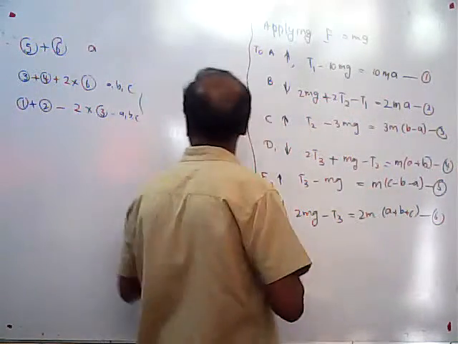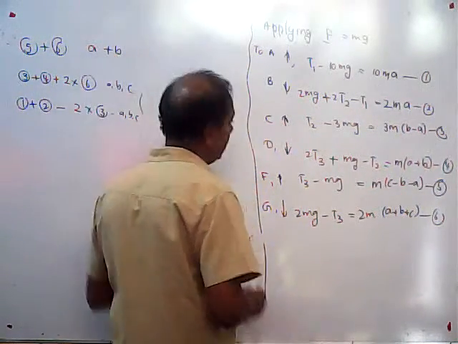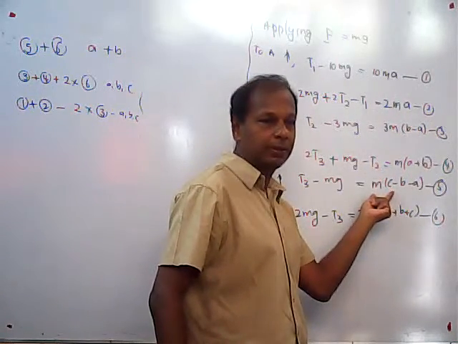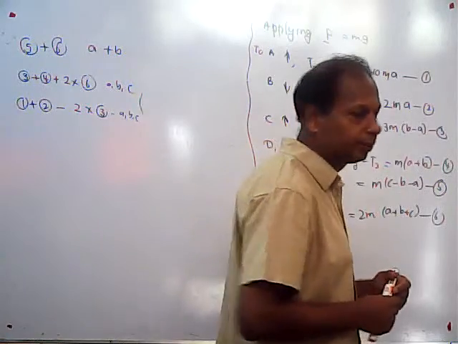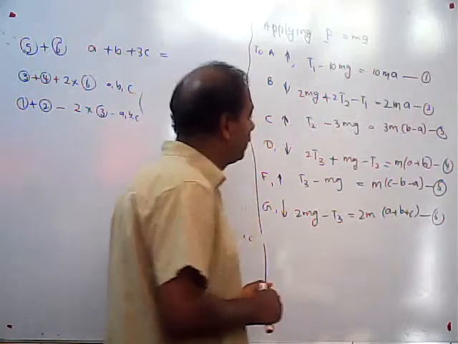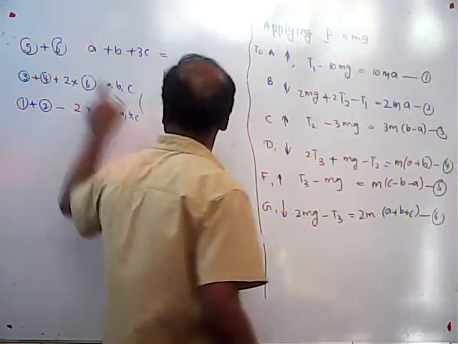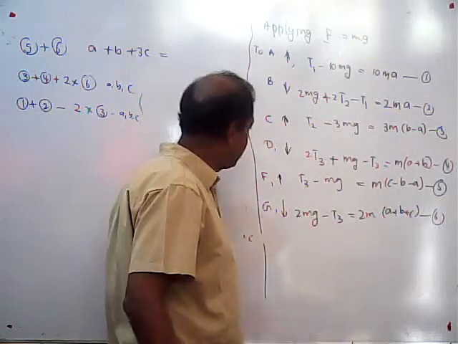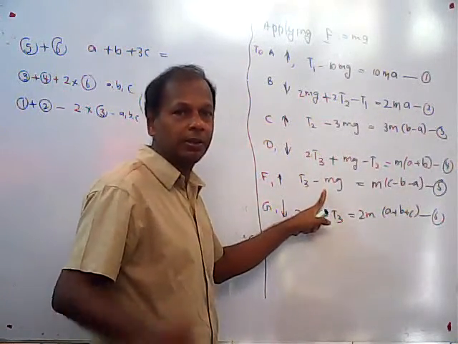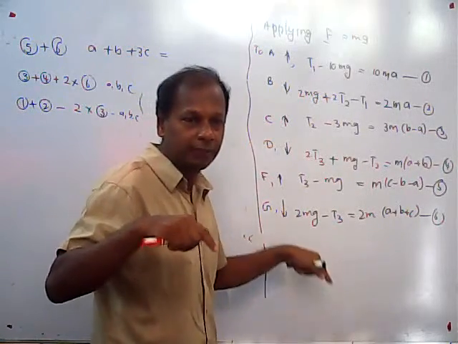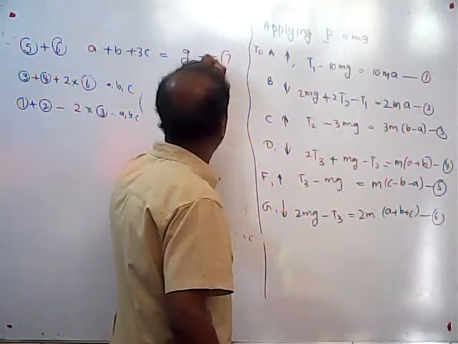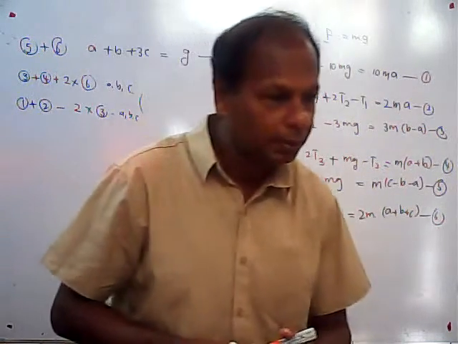Again, plus B. Then C times 2MC plus MC, that will be 3C. The other side, when you add 5 and 6, the left hand side, P3 will cancel off, giving 2MG minus MG, that will be MG, M will cancel, giving G. That's equation number 7. Right?